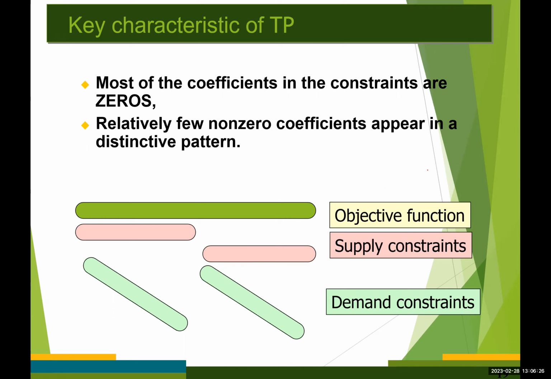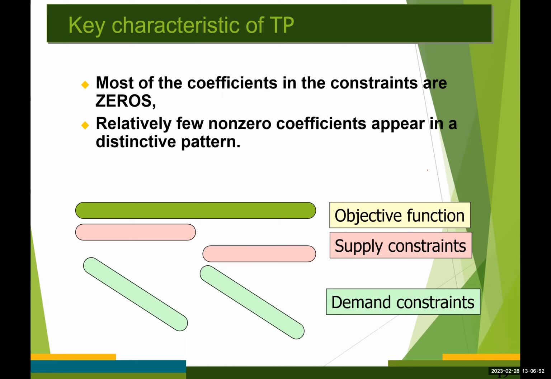But fortunately, there is a key characteristic of this problem: most of the coefficients in the constraint sets are 0, and the relatively few non-zero coefficients appear in distinctive patterns like this.